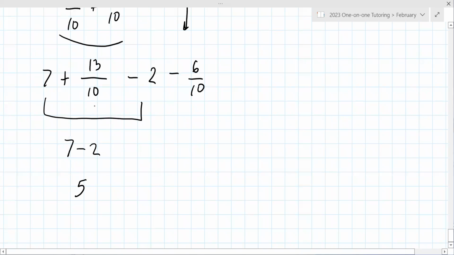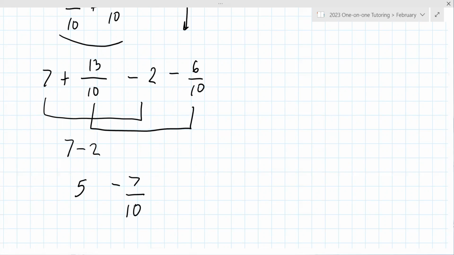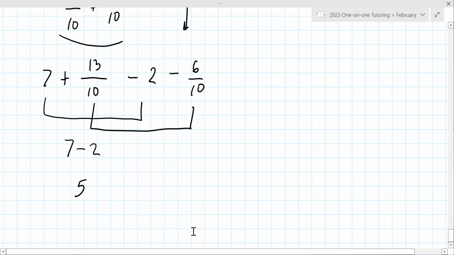And then you take 13 over 10 and subtract 6 over 10. 7 over 10. Okay. 2 over 10. You're not subtracting. I'm sorry. Let me write it here. Sorry, I didn't write it out. It's 13 over 10 minus 6 over 10. What does that become?